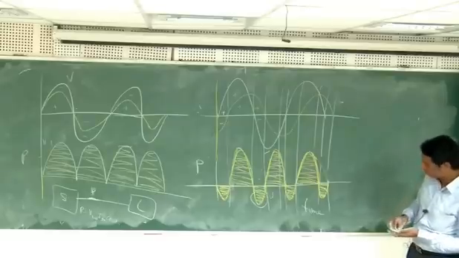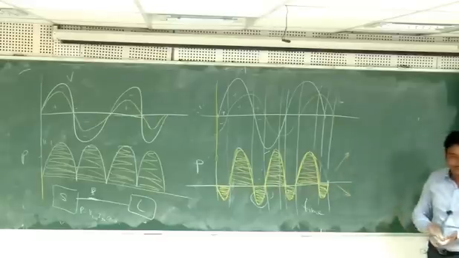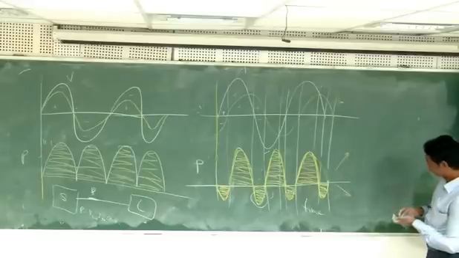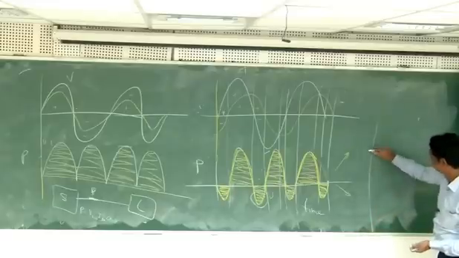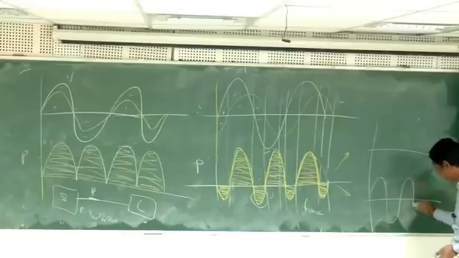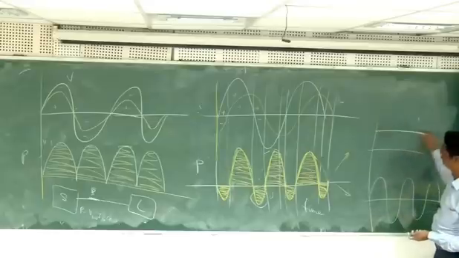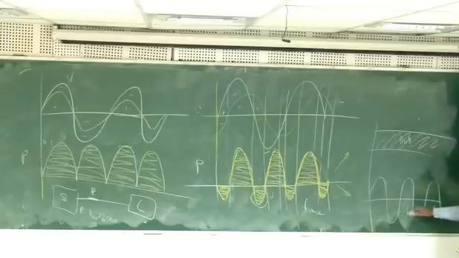The problem is, you can now split this into two. I'll write two axes. One will be the pure sine wave, so here the average is 0, and the other will be a DC. So this is your active power, and this is your reactive power.